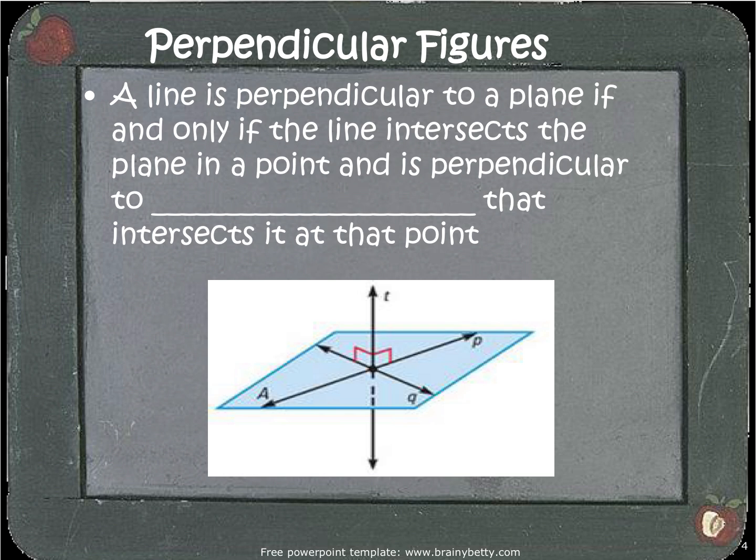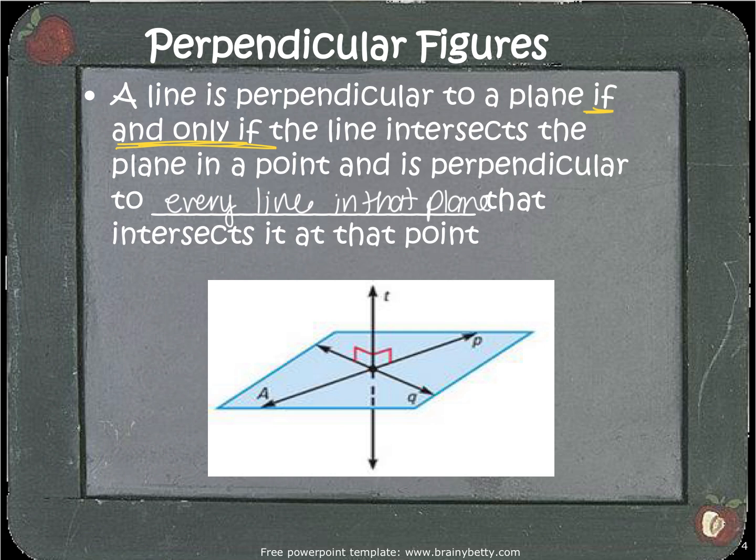A line is perpendicular to a plane if and only if, this is a biconditional statement, if and only if the line intersects the plane in a point and is perpendicular to every line in the plane that intersects at that point. To every line in that plane. And let me explain what this means.